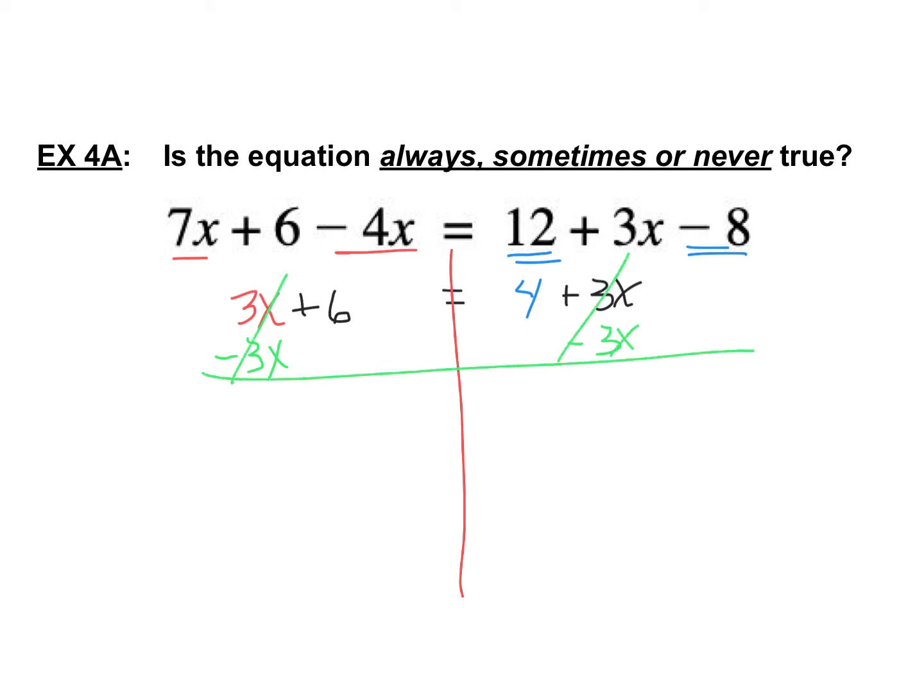The first thing you should check for is, did I make any errors? And in this case, no, you certainly did not. And you're left with 6 on the left equals 4 on the right. So you have this statement here that you have to determine, is that true or false? Well, 6 does not equal 4, so this is false. And if it's false, that means the solution is no solution.